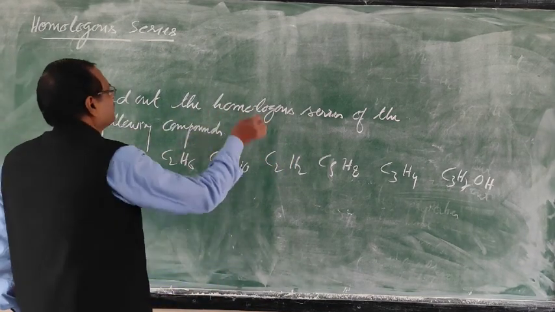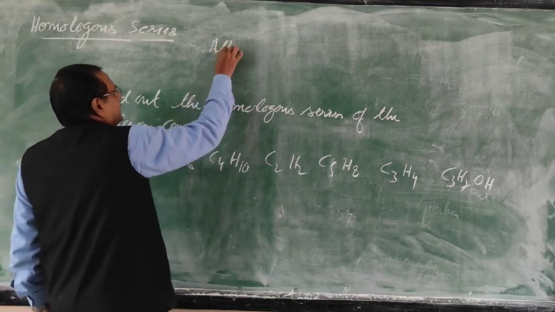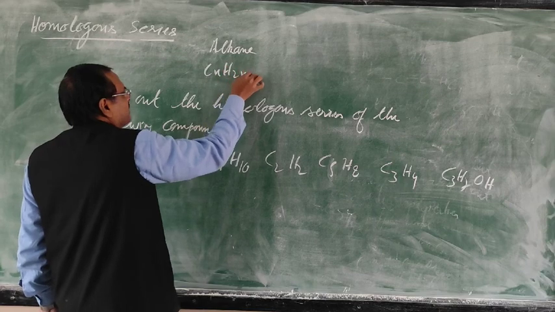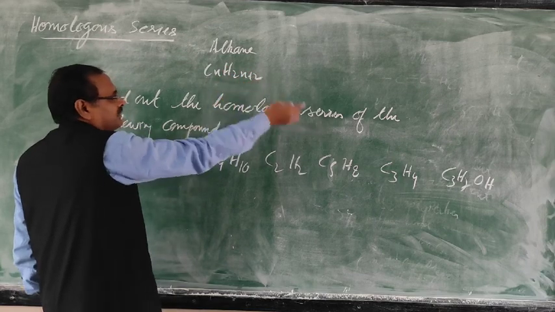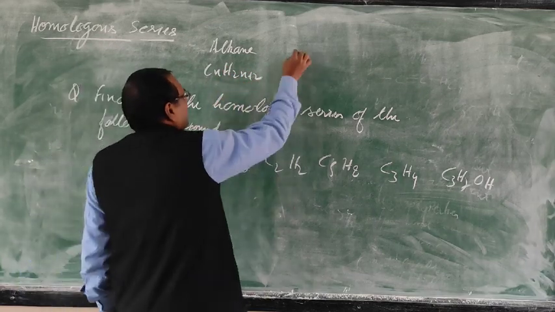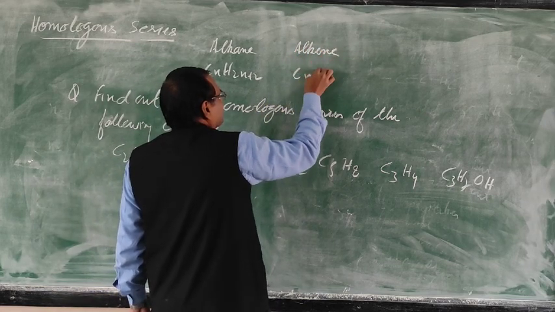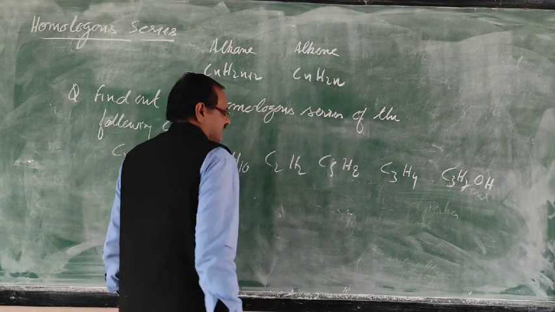So to see how to solve this problem, you have studied alkane. Alkane is CnH2n plus 2, double plus 2 extra. Alkene is CnH2n, just double.